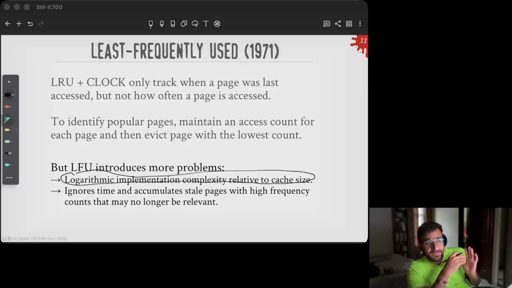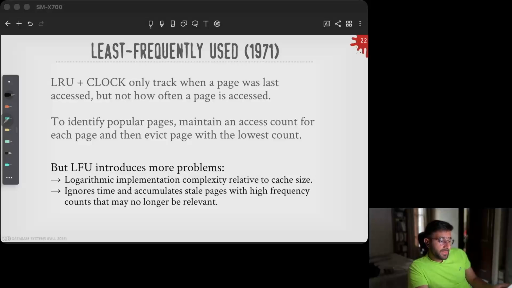If you loop over all the pages, that is an O(n) operation. If you maintain some structure like a heap, a priority queue of sorts, you might reduce that to logarithmic, but it's still some overhead of maintaining that order structure of what is the minimum accessed page. So LFU is right out of the window. This is just to tell you that it exists, but nobody uses this alone. It is not used alone, but it gives good estimates of how many times a page was accessed.